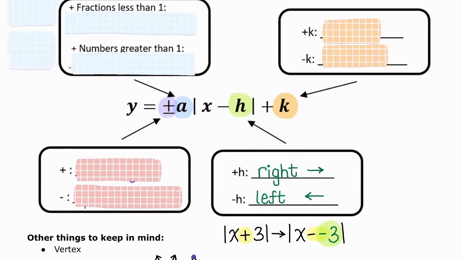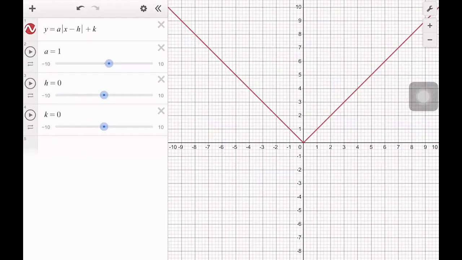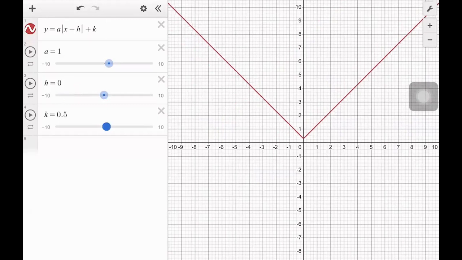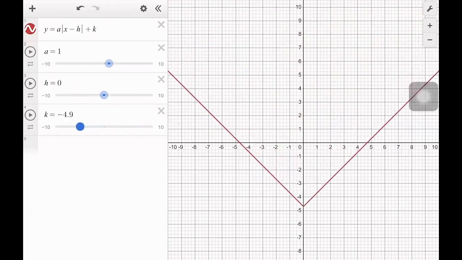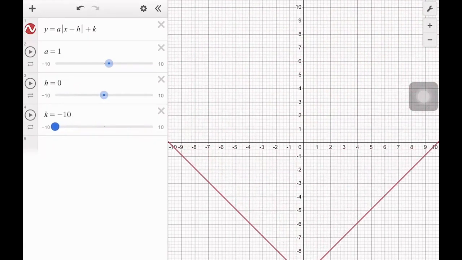All right, let's take a look at the next value. Let's look at the K and see what happens with this one in Desmos. All right, so K, if I make it positive, interesting. And then if K becomes negative.